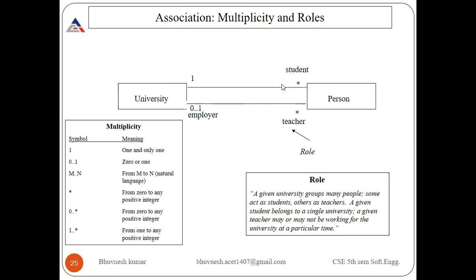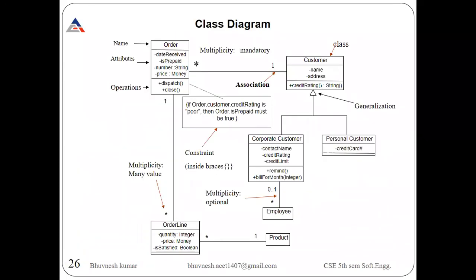This solid line shows you an association, and in association there is also a multiplicity concept. Okay, and further this is your class diagram with relationships between different classes. This is an order class, this is a customer class, and corporate customer is the sub customer, or subclass, of which class?